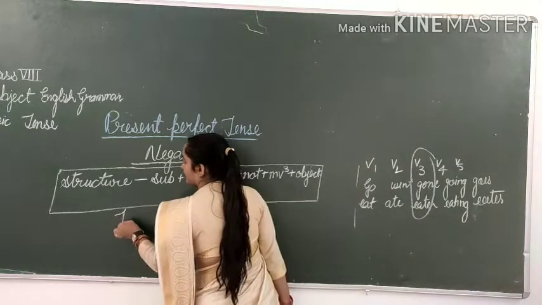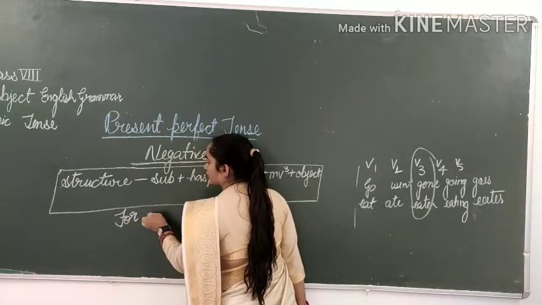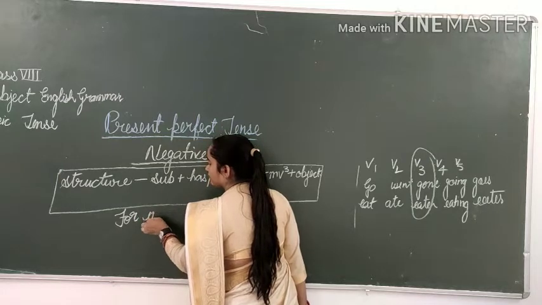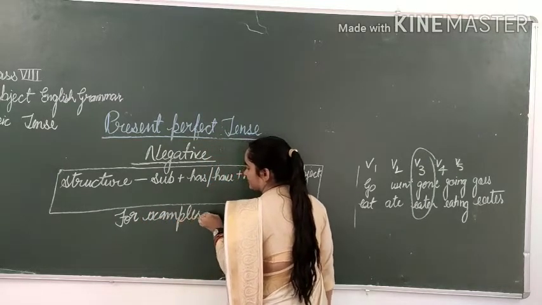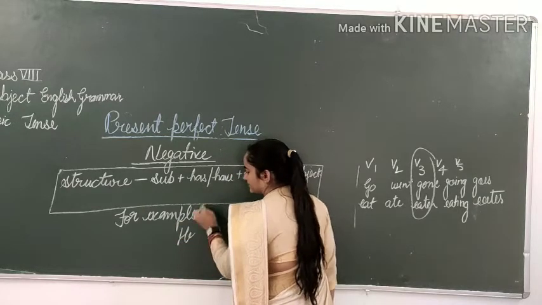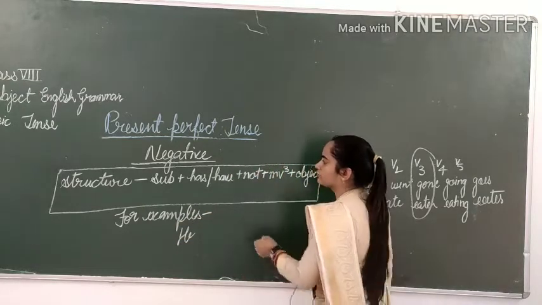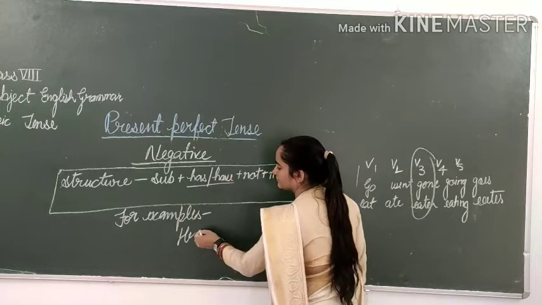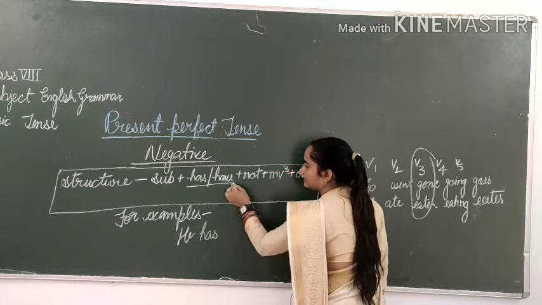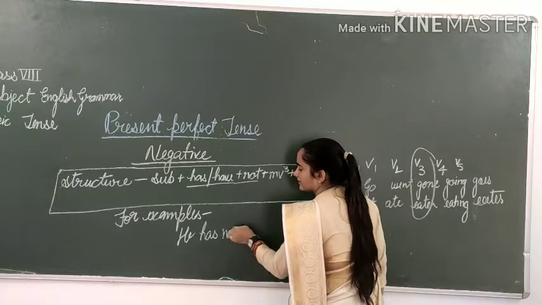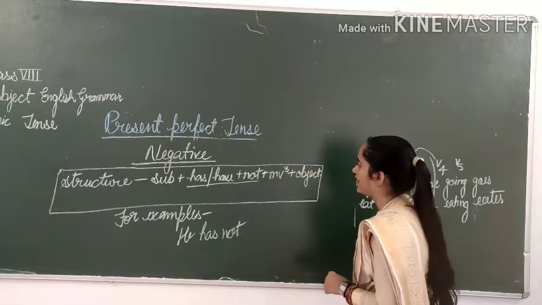For example, now we will frame the sentence according to your structure of present perfect tense. He. So what will become? Has or have? He has. Then not. He has not.